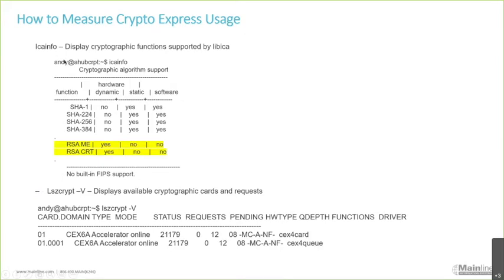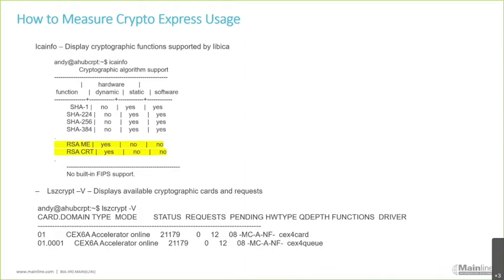One of the important utilities that you get when you install that additional software that I showed you earlier is the ICA info command, and that shows you what cryptographic algorithms are supported and how they're supported, as far as whether they're supported within hardware or software.